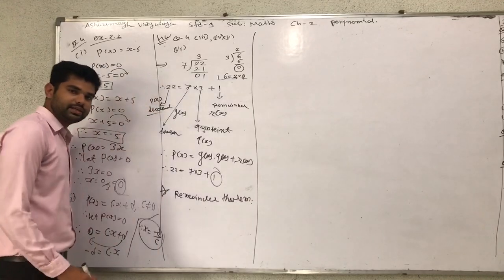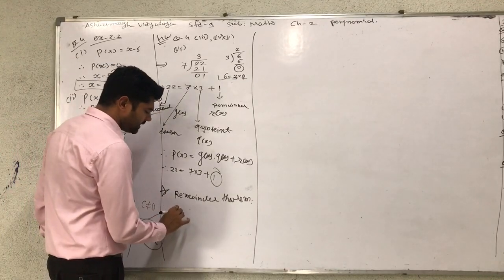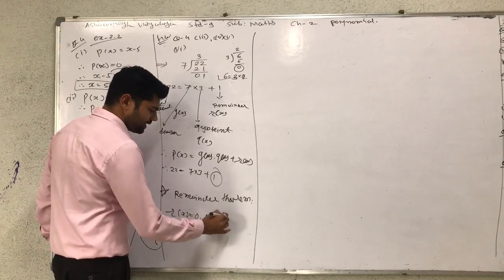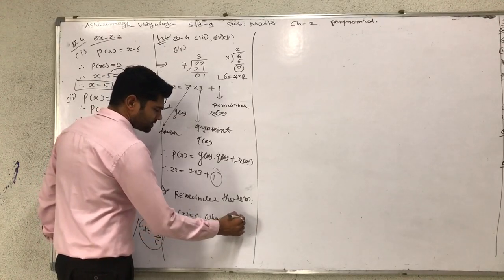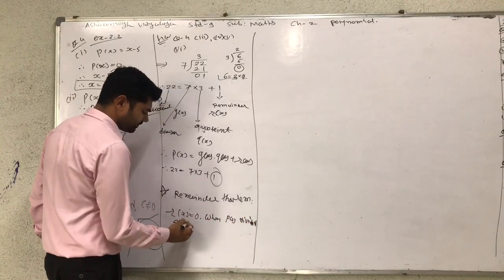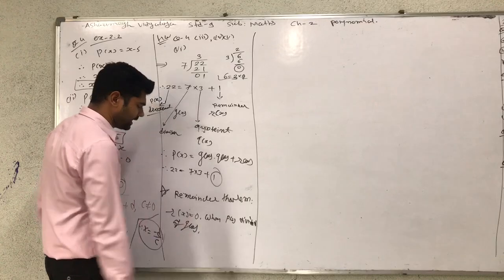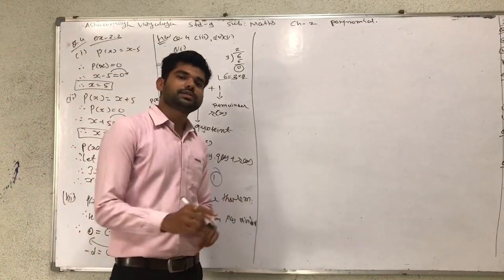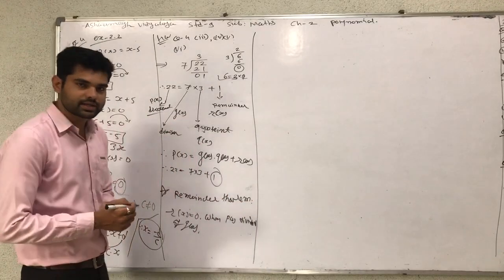What is the remainder theorem? When the remainder is 0 when p of x is divided by g of x, it means g of x is a factor of the given polynomial. Understand that 6 divided by 3 has remainder 0, so the same applies. The remainder is 0 when p of x is divided by g of x. Here 6 divided by 3 means p of x divided by g of x.